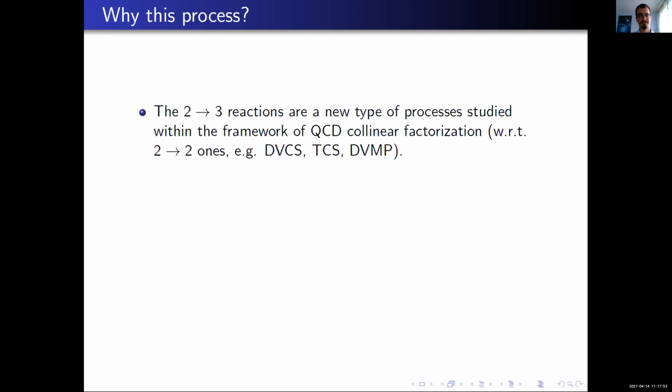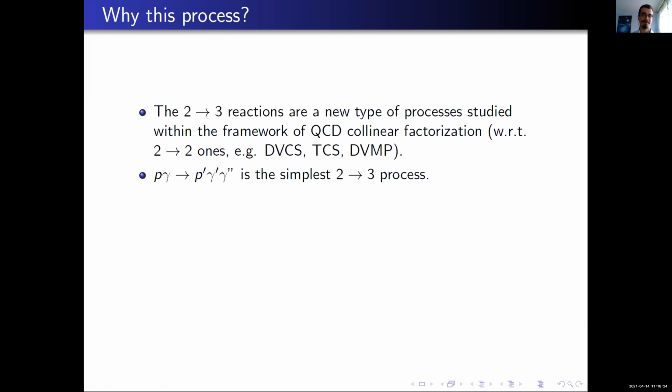Why this process? Well, the first reason is that reactions 2 into 3 are a new type of processes that can be studied within the framework of QCD collinear factorization, with respect to processes of type 2 into 2, like DVCS, TCS, or deeply virtual meson production.